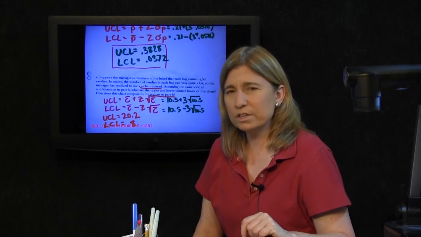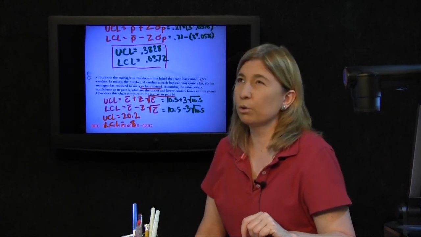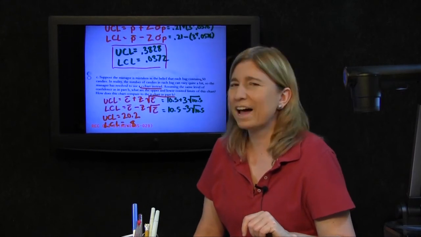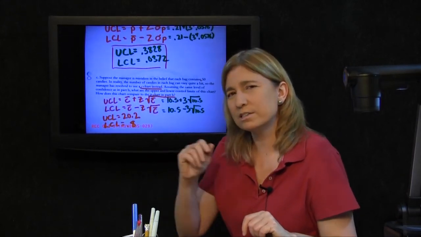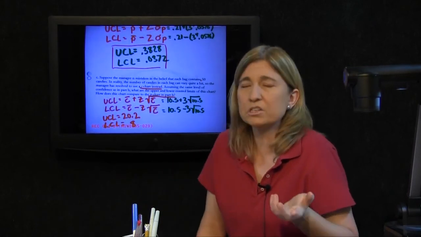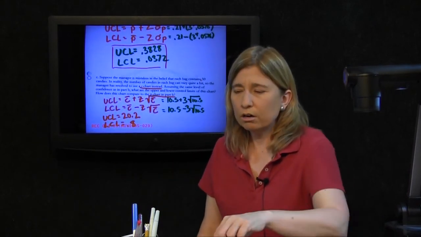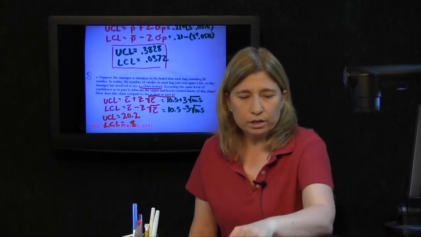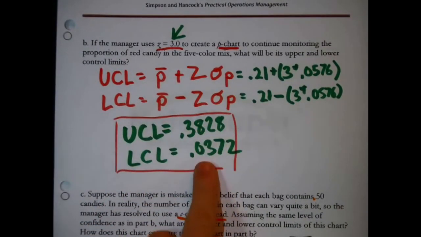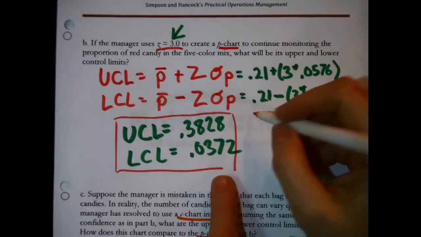So if you have 50 candies in the sample and your upper control limit is 0.3828, exactly how many red candies is that? What count would that basically convert to? Oh, okay. Well, I could, just a little bit of scratch work. This is the actual control limits for the chart.